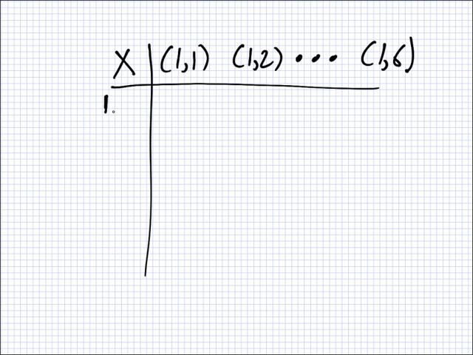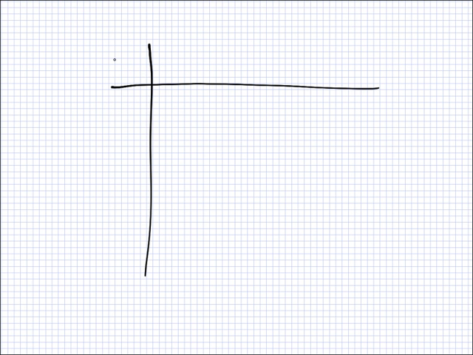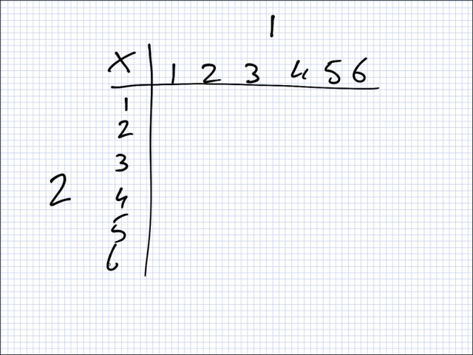Sorry, that's wrong. You have two dice, and this is the first one, and this is the second one. On the first one, you could get a 1, a 2, a 3, a 4, a 5, or a 6. And on the second one, you can get a 1, a 2, a 3, a 4, a 5, and a 6. And in the table here are the probabilities. So here, a 1, 1 would be what?